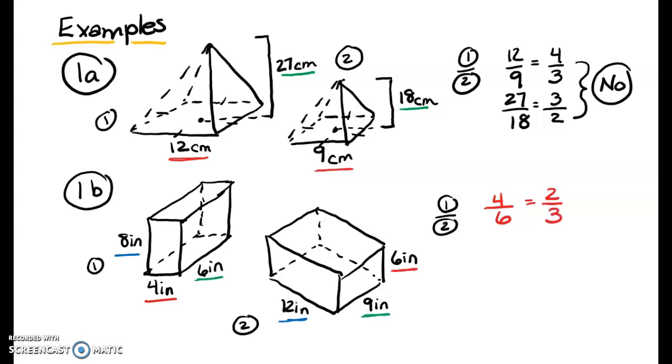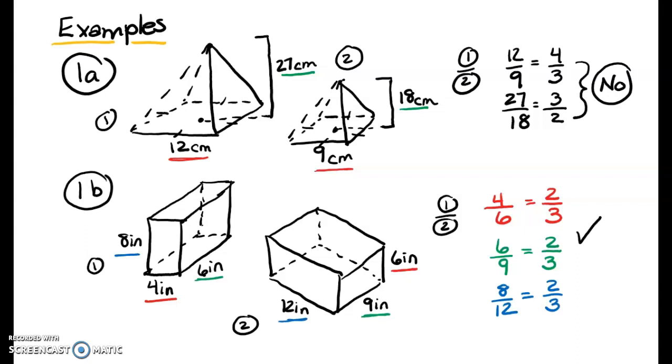For the middle number, I get 6 over 9, which also reduces to 2 over 3. And for the larger number, I get 8 over 12, which also reduces to 2 over 3. So these figures are definitely similar.